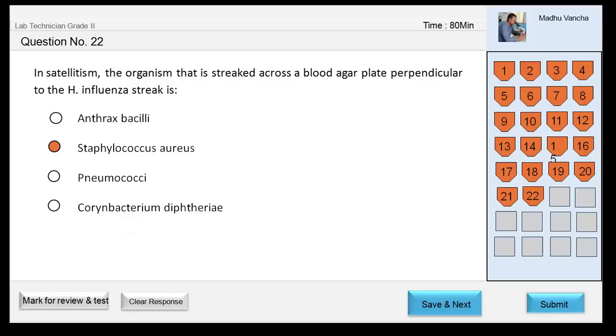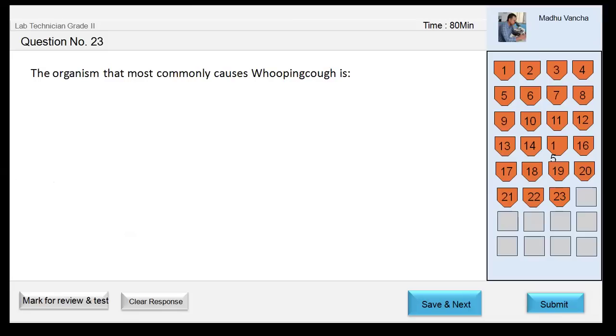Staphylococcus aureus releases the 5th factor freely into the culture medium, so that factor will be utilized by Haemophilus influenzae. That mechanism is called satellitism. So which streak is used? Staphylococcus aureus is used.